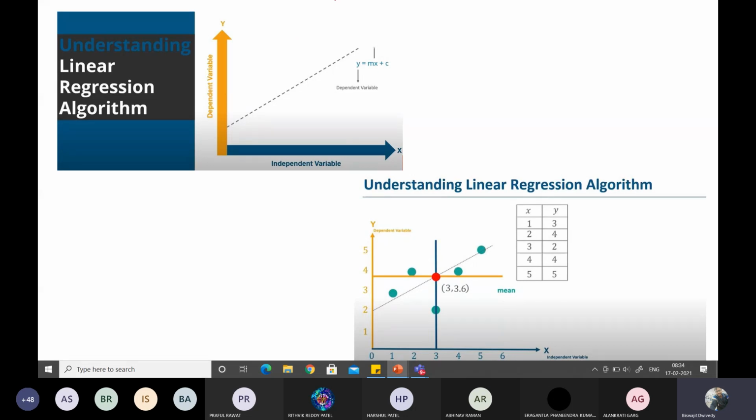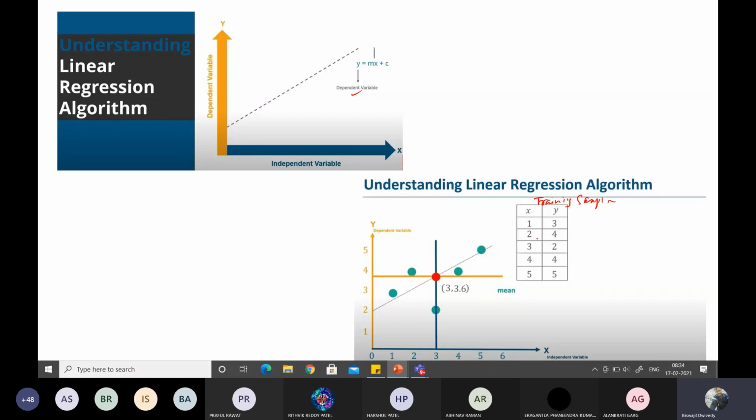Those things are written here: this is your dependent variable, this is your independent variable. We are going to discuss this example, and from this example you will be clear how this algorithm works. Some values have been given to us, so these are your training samples. You can see x = 1, y = 3, x = 2, y = 4.